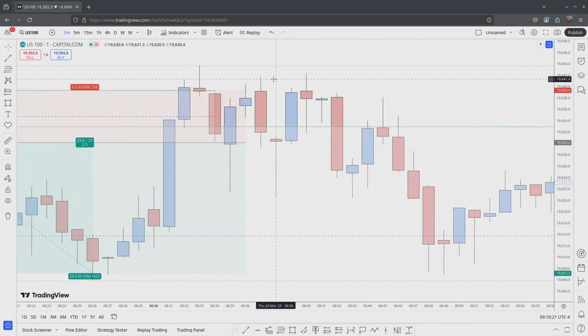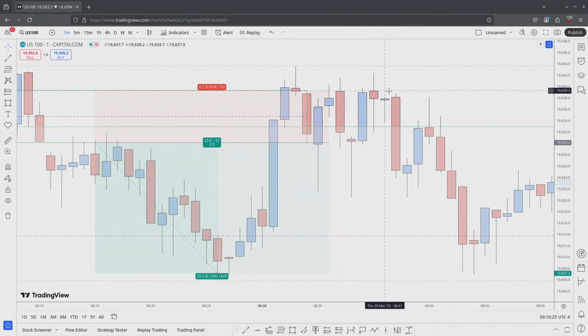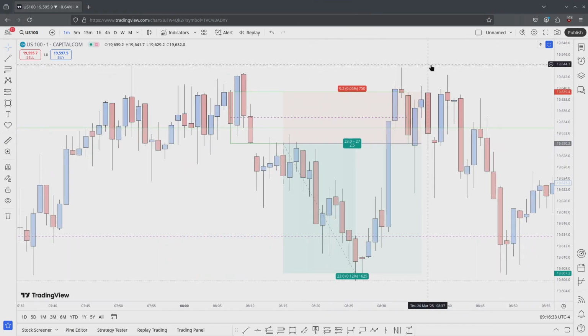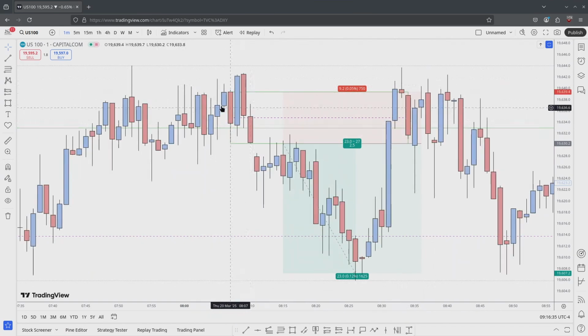It's difficult here to say you have high, low, higher high because candle bodies are pretty much the same. So specifying one of these candles as a breaker block just wouldn't really be the same as looking at this here.